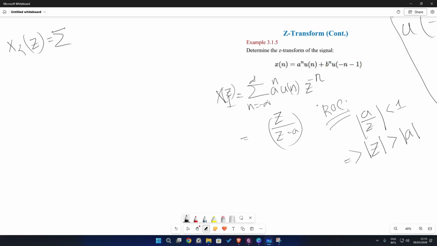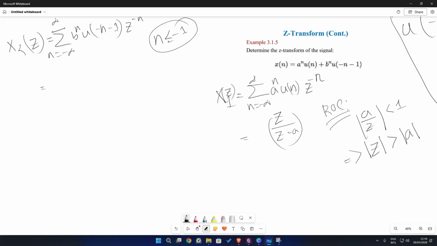Then X2(z), let's do it for b to the power n u[-n-1] z to the power minus n. So here we are seeing n less than or equal to minus 1.